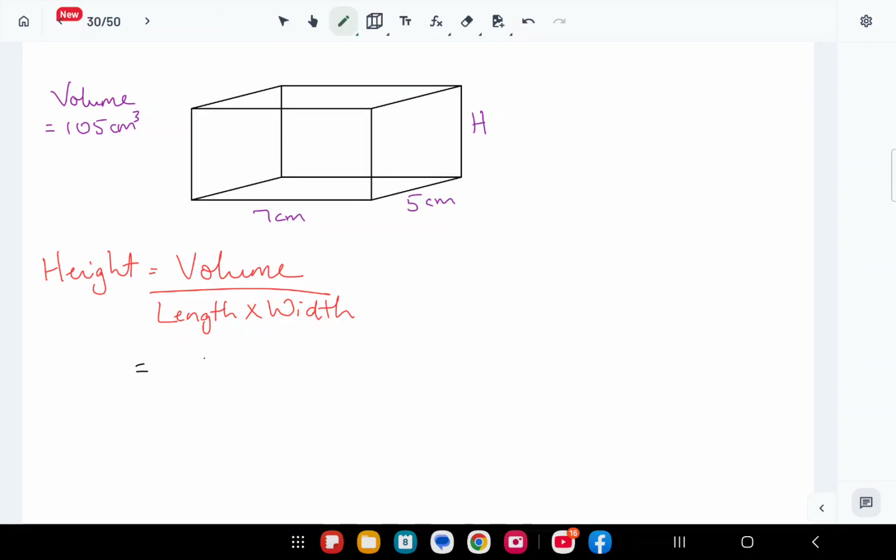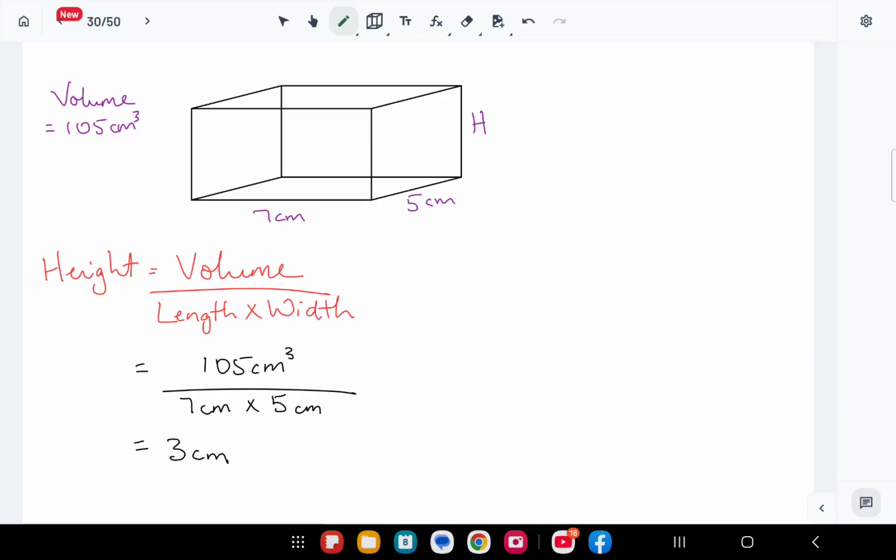The volume we know was 105 centimeters cubed, divided by the length, which is 7 centimeters, multiplied by the width, which is 5 centimeters. So that's 105 divided by 35, which will give us 3 centimeters.